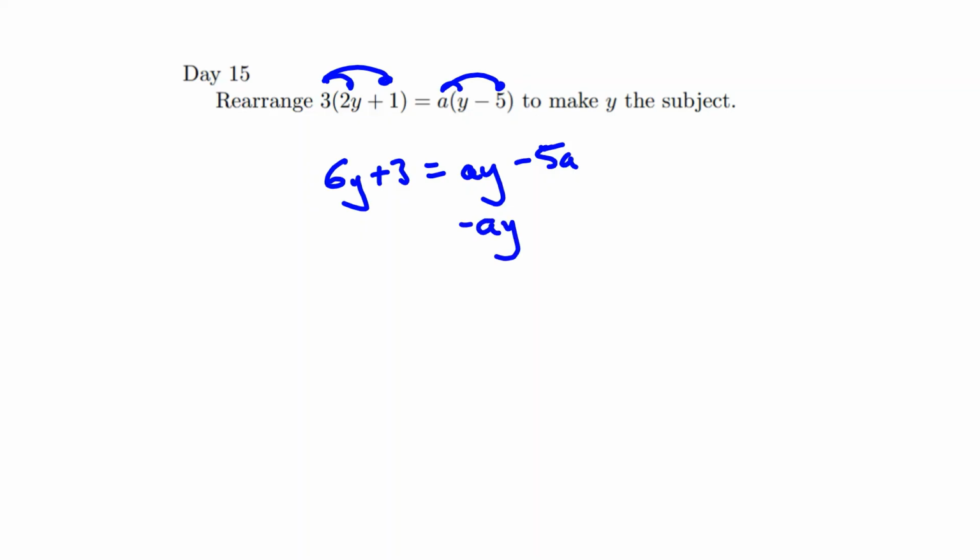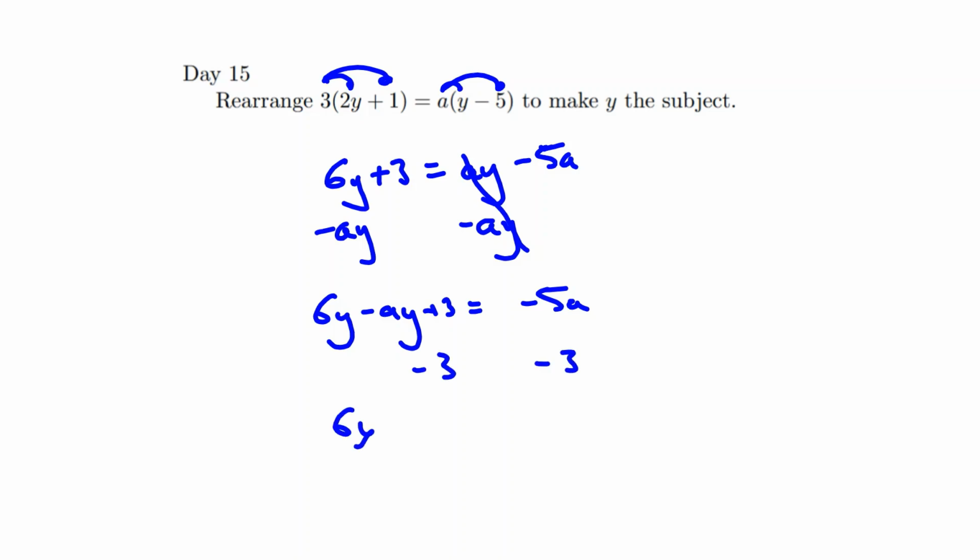So I'm going to subtract ay from both sides. So that's going to get rid of the y's on the left-hand side. And now here, I'm going to subtract 3 from both sides to get rid of the other stuff.